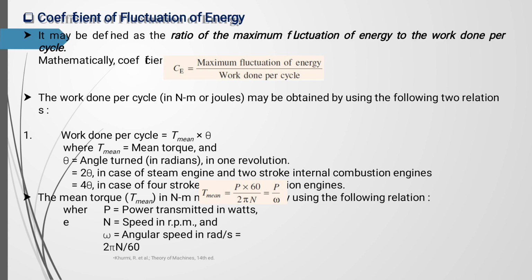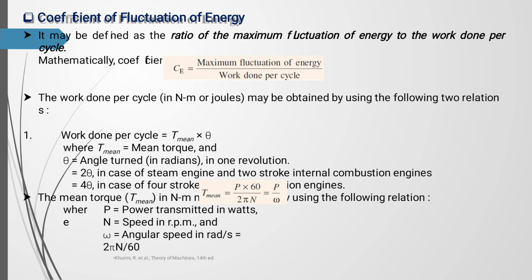At the time of maximum fluctuation of energy, the engine can perform well, that is, the available energy the engine will take and run completely. So that's why we can take the maximum fluctuation of energy. Due to this maximum fluctuation of energy, how much work can the engine perform? The ratio in between is called the coefficient of fluctuation of energy.